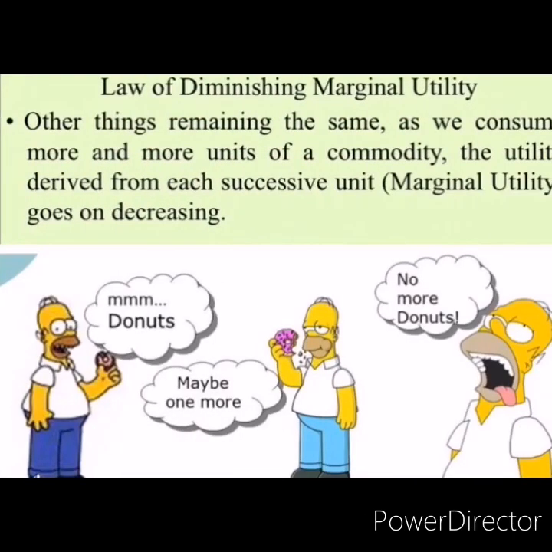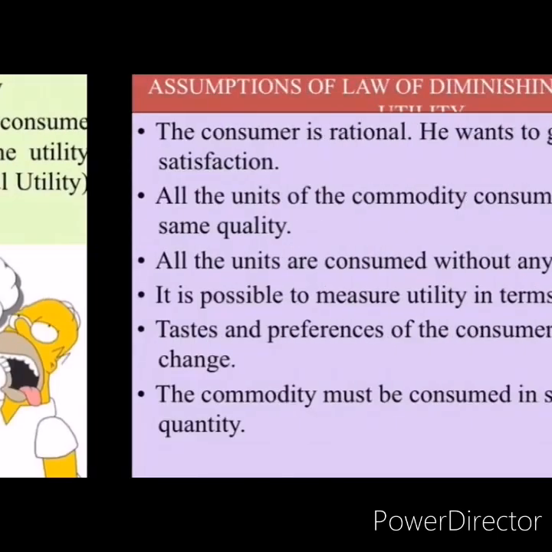This law says that, other things remaining the same, as more and more units of a commodity we consume, the utility derived from each additional unit, or from each successive unit, goes on decreasing. That means our marginal utility keeps on falling with additional consumption. So this is the law of diminishing marginal utility.